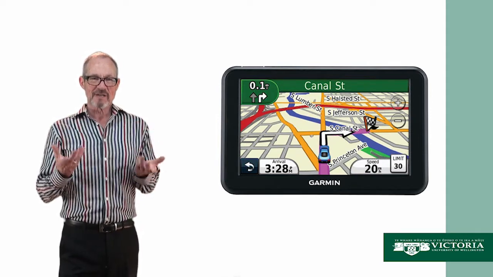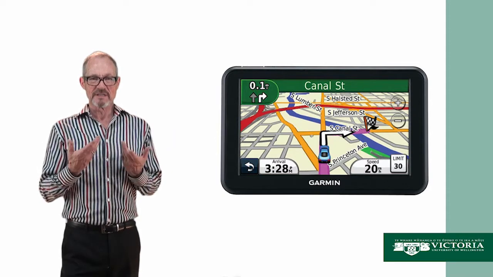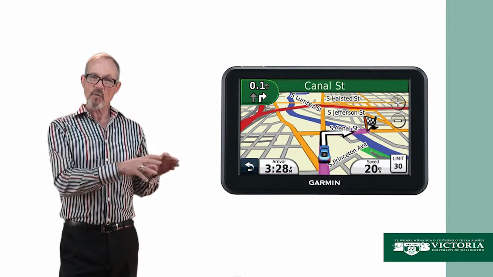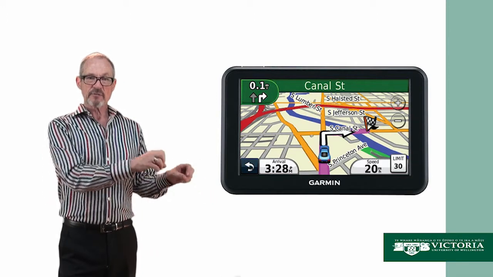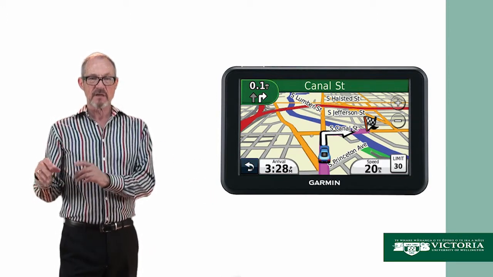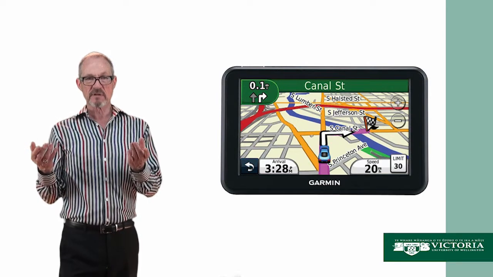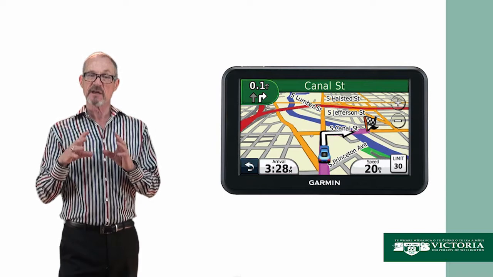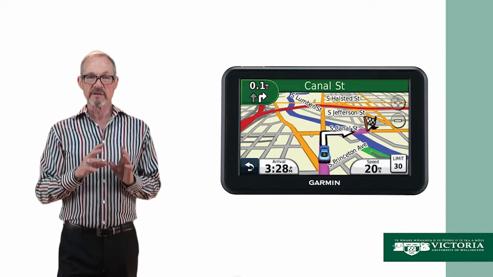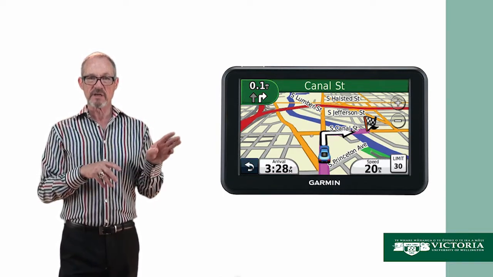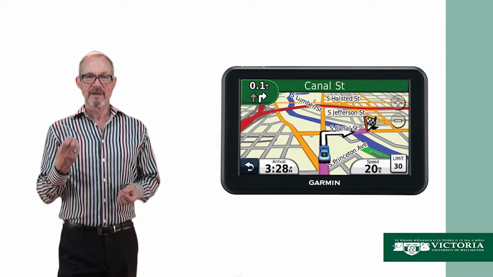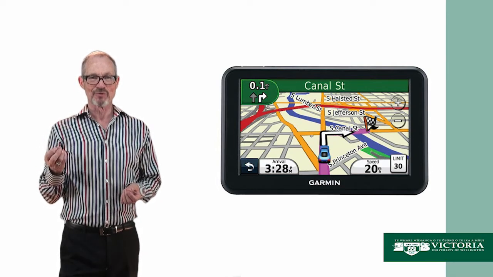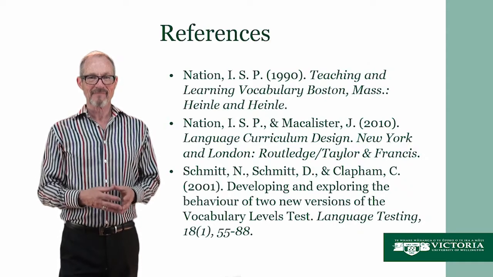So when you're doing diagnostic assessment or needs analysis, that's what you are doing for your learners. You're finding out where they are now, you're finding out where they need to be, and you, as the expert, as the teacher, are using your skills and your knowledge to plan a teaching program that will get your learners from point A to point B. And that is a really worthwhile thing to do. Thank you.